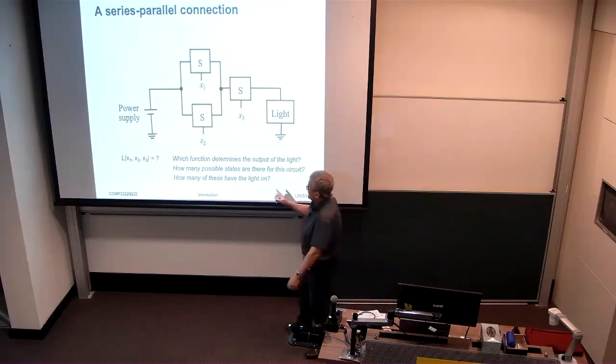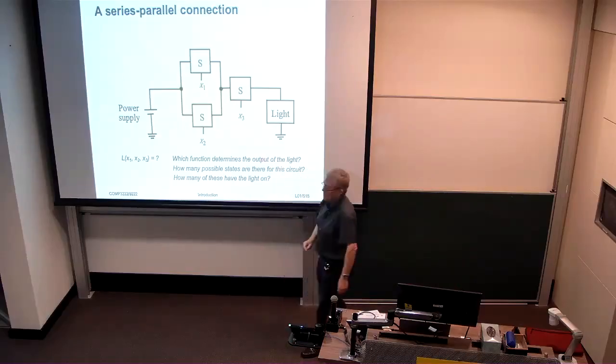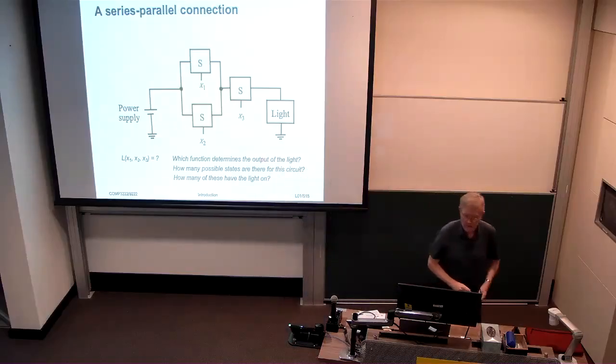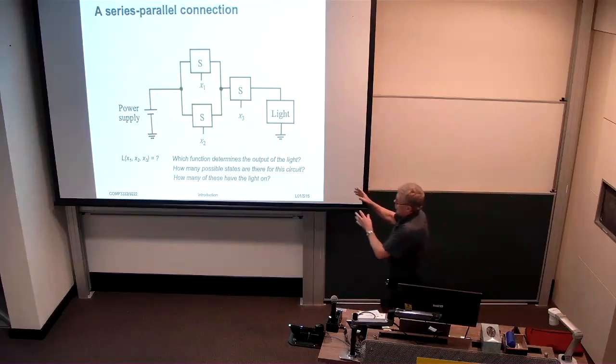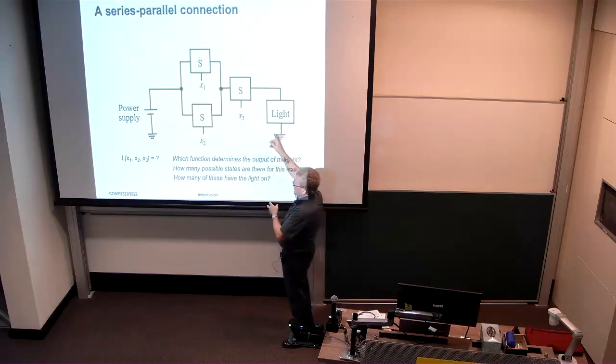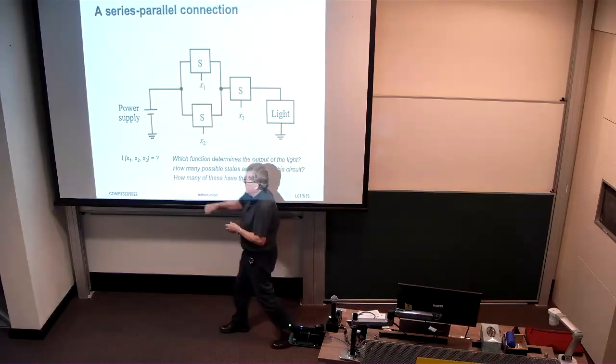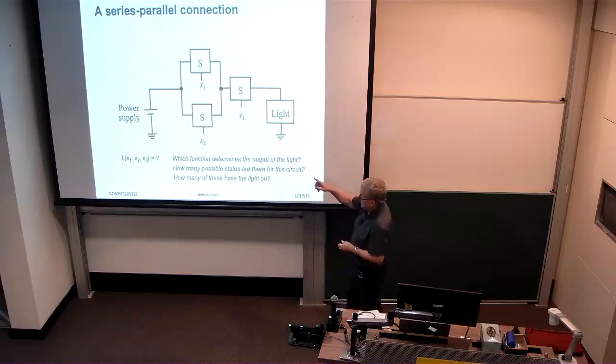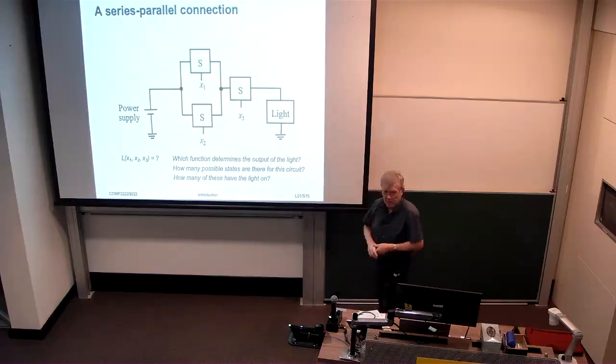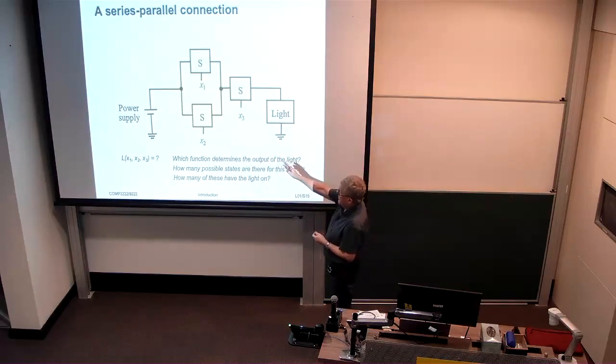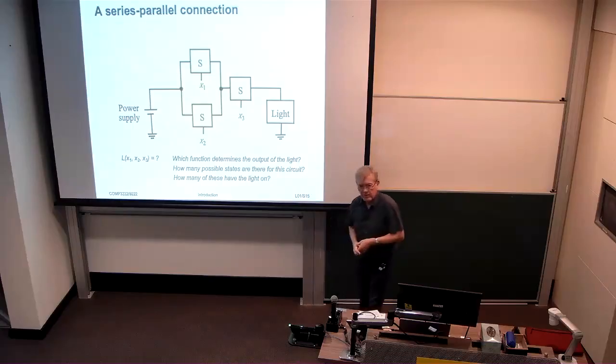In that case, it should be reasonably straightforward for you to figure out how you would describe the light equation here. The light is now a function of 3 switches, 2 of which are placed in parallel, and then that combination is in series with the 3rd switch, X3.